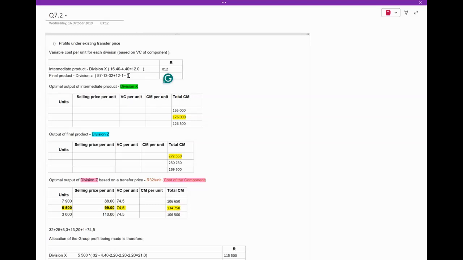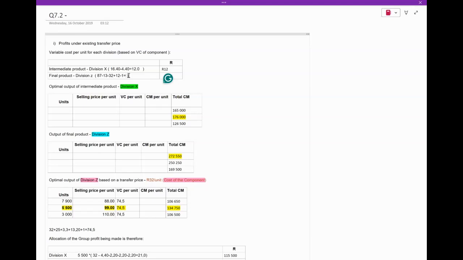Because the cost of the component is only 12 Rand. Does that make sense? But division X is charging more. So we're saying, okay, if they don't charge more, let's see what the cost will be. And then at a later point, we're also going to calculate the cost with the 32 Rand, which is what they're actually paying, and then see the difference or see the impact of the current transfer pricing system.